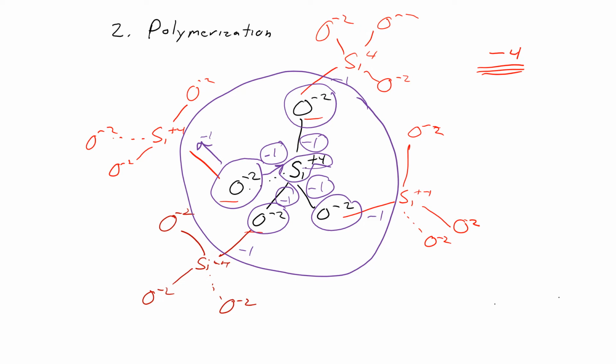So in this case, you simply have silicon and oxygen, and if you share all the corners, the charges reduce to a point where it's neutral. So bottom line, silicates can reduce their charges on their basic building block, the silica tetrahedron, by bonding with positively charged cations or by sharing their corner oxygen, okay? So that is a silicate mineral.